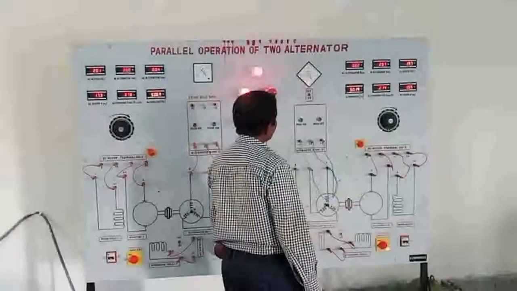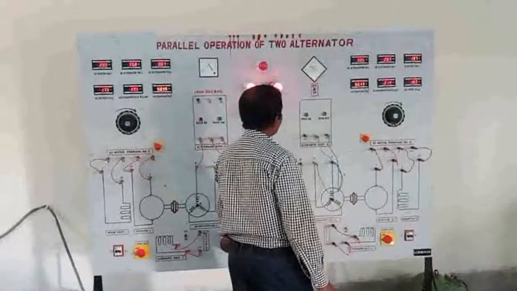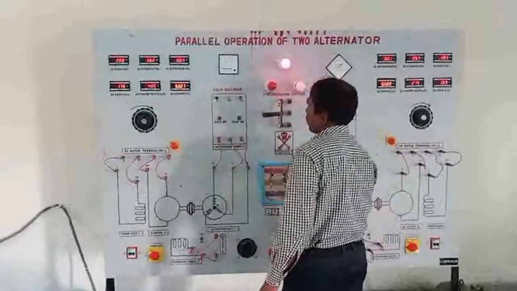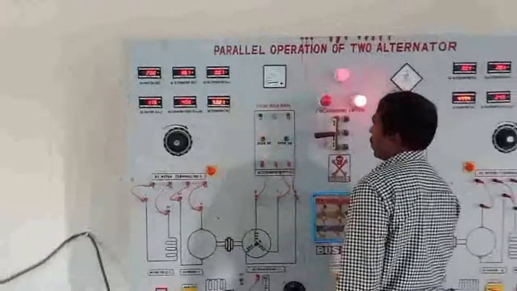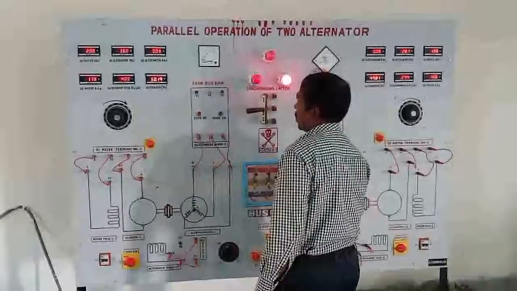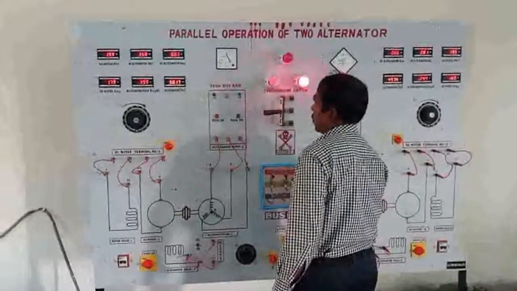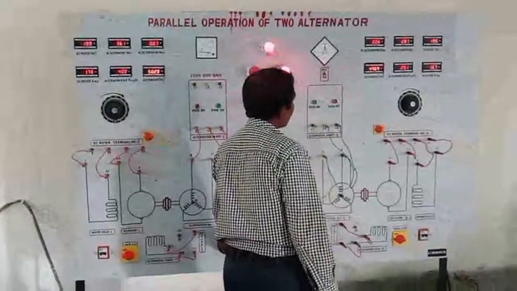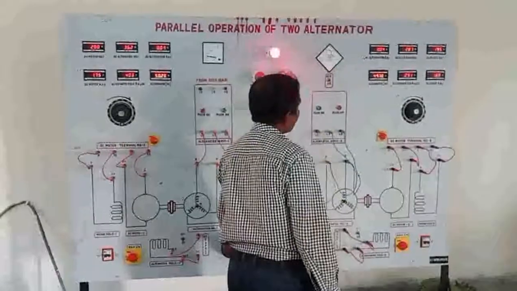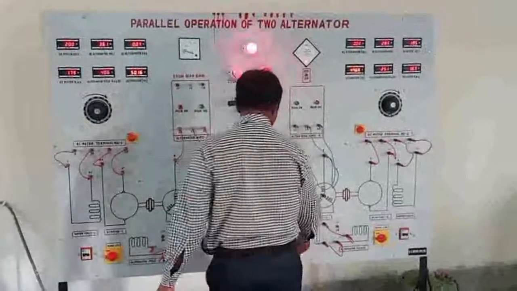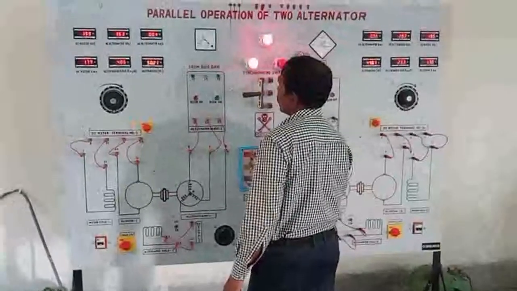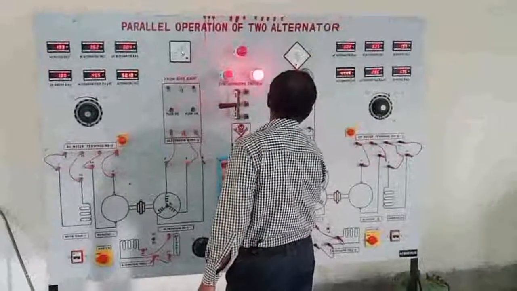See, the synchroscope is rotating 360 degrees and the voltage is up and down. So we have to check when the voltage is at 0, at that time we have to synchronize. Alternator fields are changing so that we can make the synchronization between the two alternators. Adjustment is done by Srivas sir.